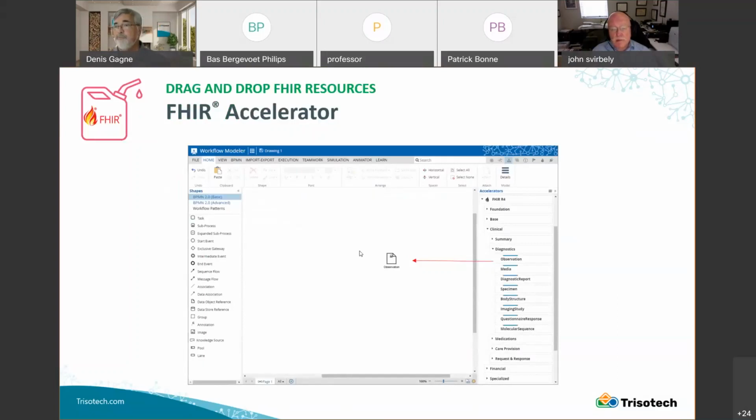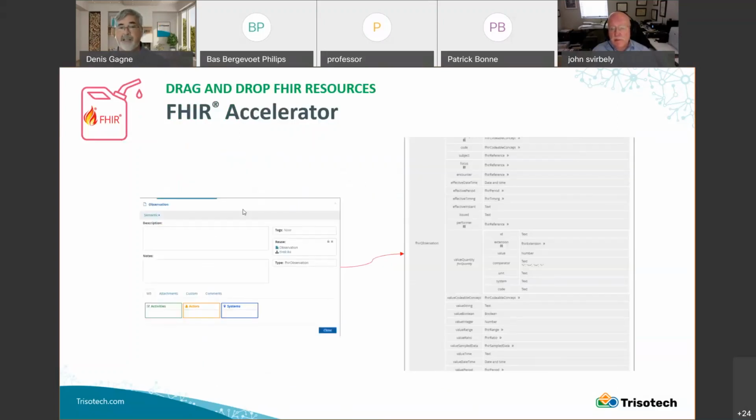The person doesn't have to know anything about the structure. They can just drag and drop and accelerate this path. For example, here's an observation where I can go down all the way to the value, quality, quantity, and the value right in the FHIR structure.